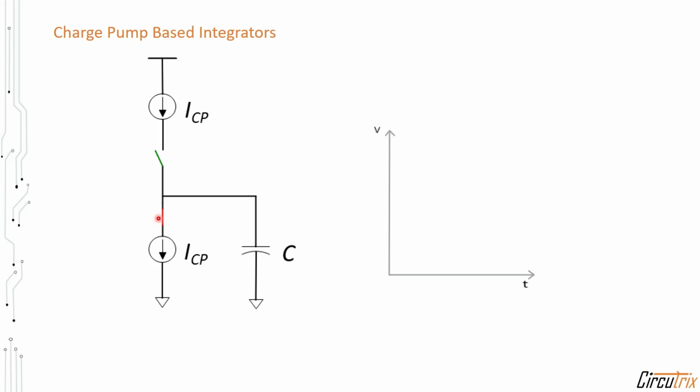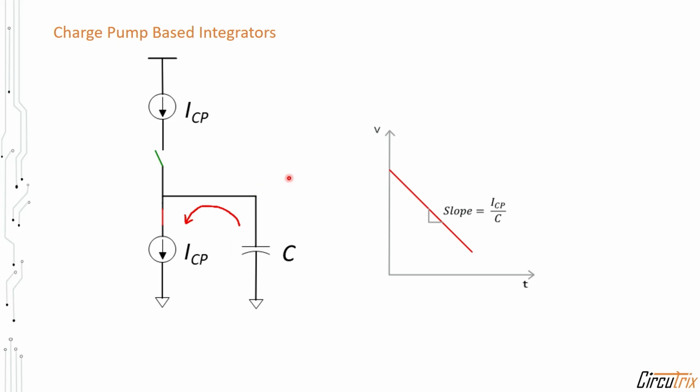When this switch is closed and this switch is open, this will discharge the charges from the capacitor with a negative slope of ICP by C. So this acts as an integrator. When both the switches are open, it will be constant, and when both the switches are closed, all the current from this current source will go through this current source, and in this case also the voltage remains constant.